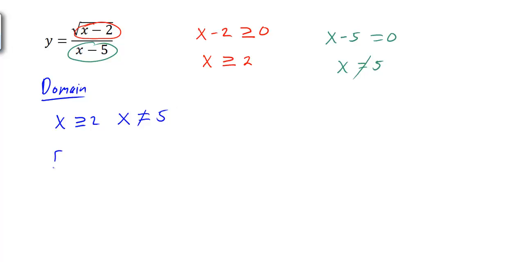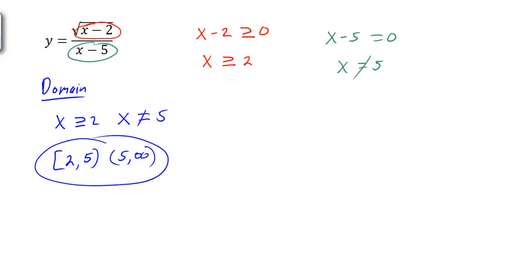So the interval notation would say, well, we can have a bracket on 2 because x could be equal to 2, and then it's going to go all the way up to infinity, but we have to skip 5. So that means we're going to go from 2 all the way up to 5. And because 5 is not included, we put a parentheses, and then we would continue with 5 all the way to positive infinity. So again, there's two ways here we could actually write the domain for this particular function.